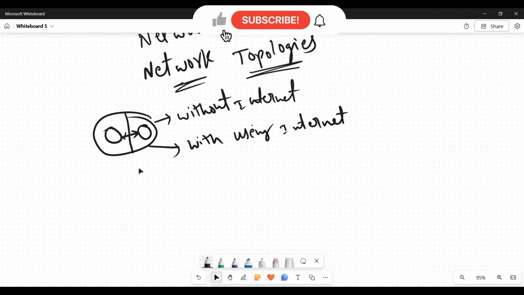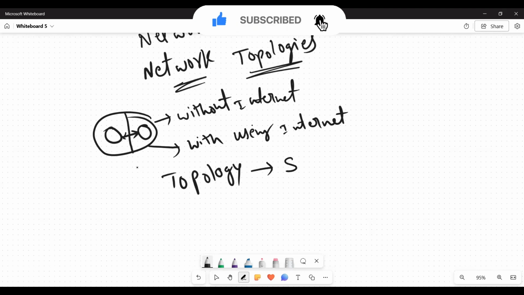So now, what is topology? This topology describes the architecture or structure of network data transfer. So it will decide the structure of how to transfer the data from your organization.